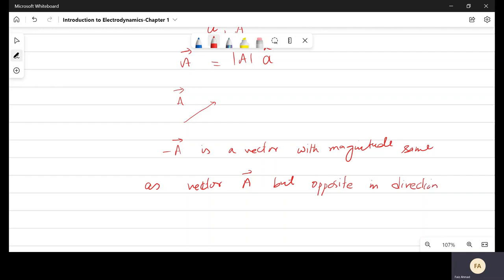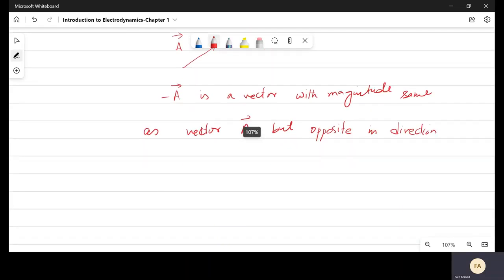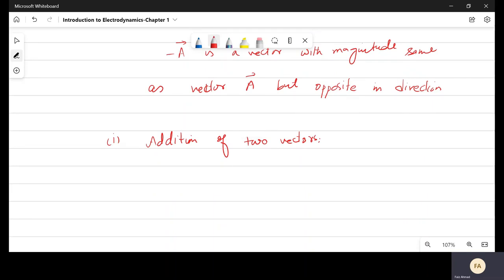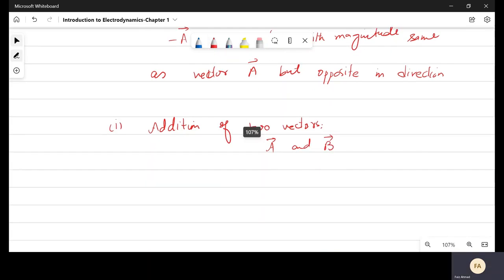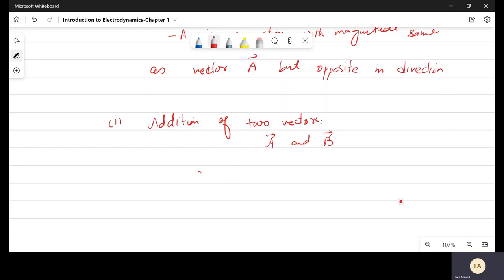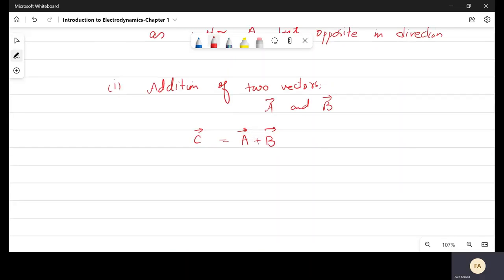So operations, we can start with addition. We can add two vectors, addition of two vectors. So let's say we have two vectors, vector A and B. So in abstract notation, say we have sum C, which is the sum of vector A plus vector B. We can add the vectors geometrically.